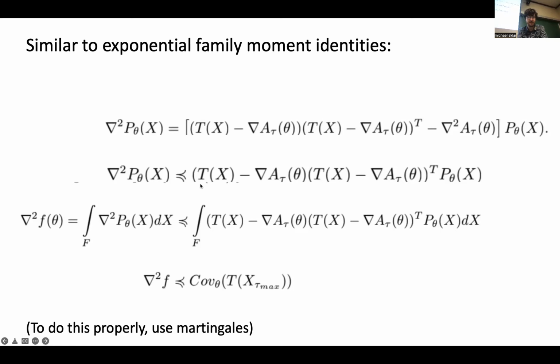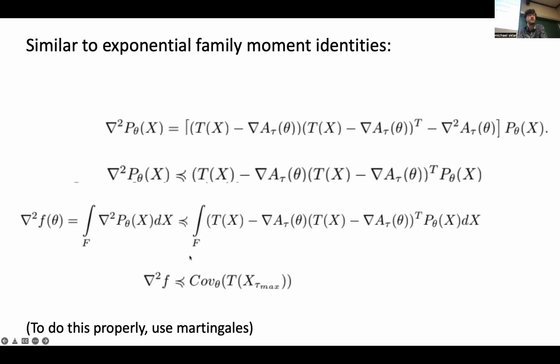You can make this sort of matrix inequality. I don't want to say this is rigorous. I think to do this properly, you'd need to use martingales. But roughly speaking, what's going on here is that we are comparing the integral of this quadratic form looking thing, and noting that this is going to be PSD, right?